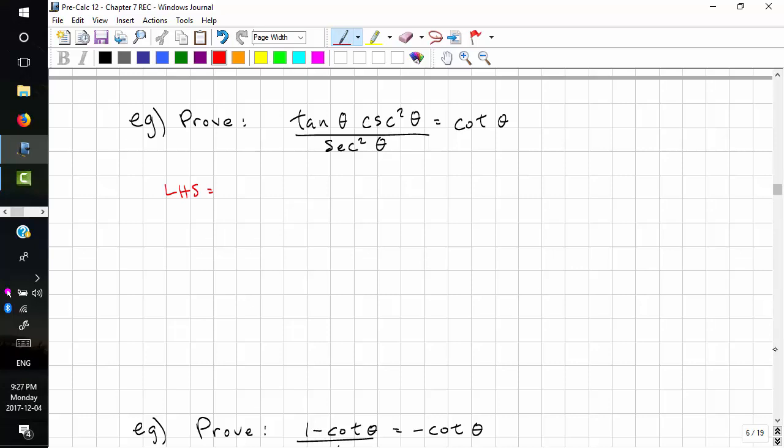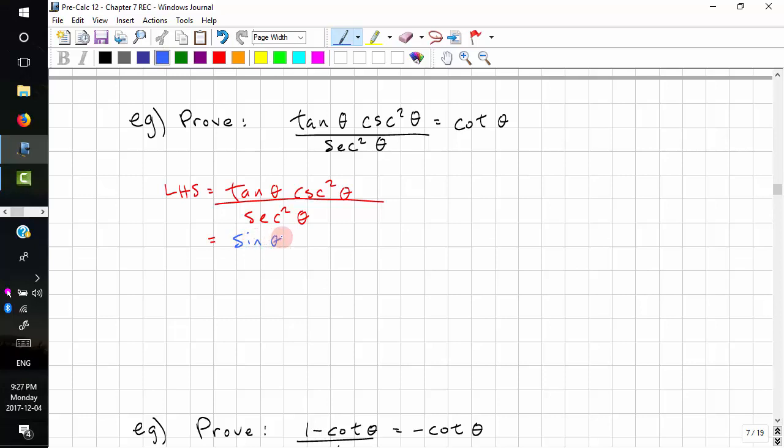Okay, let's look at another problem. Again, we'll work with the more complicated side. Just write it out. Tan theta cosecant squared theta over secant squared theta. So we'll write the reciprocals of these ones. We'll use the identity for this one. We're going to do everything in one step.